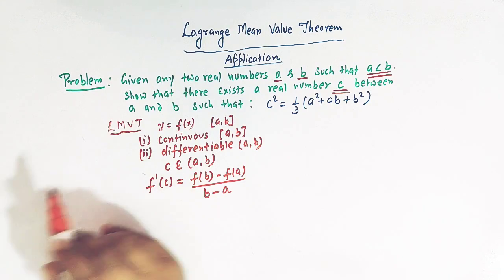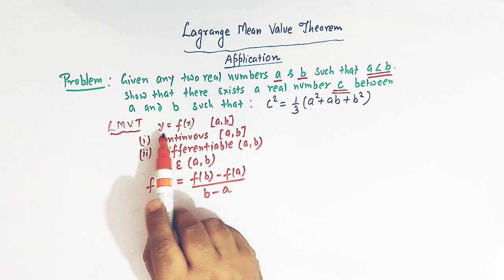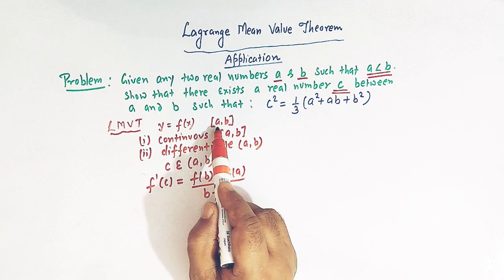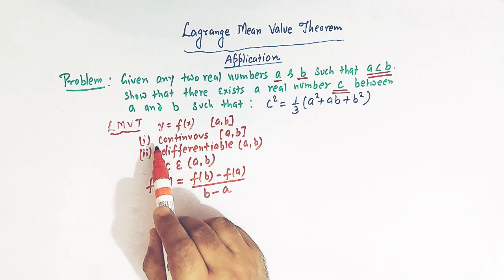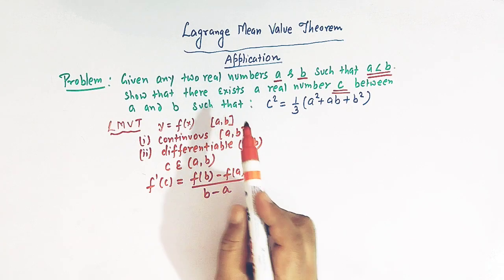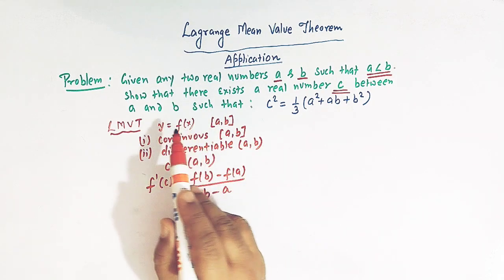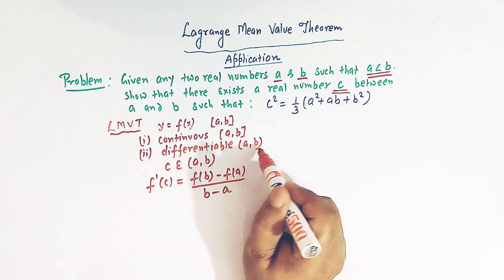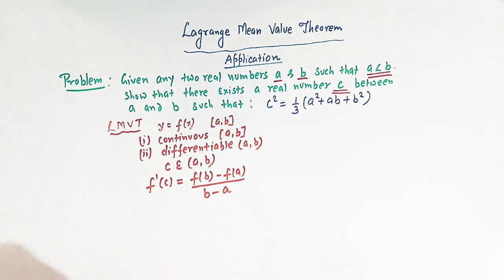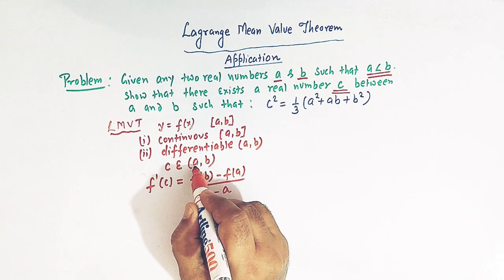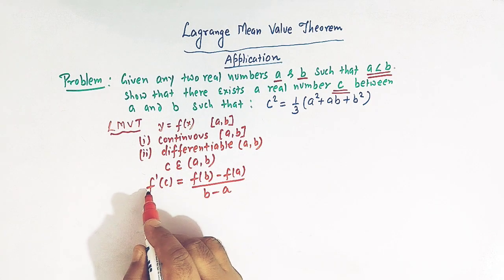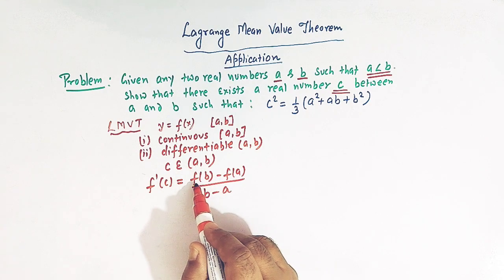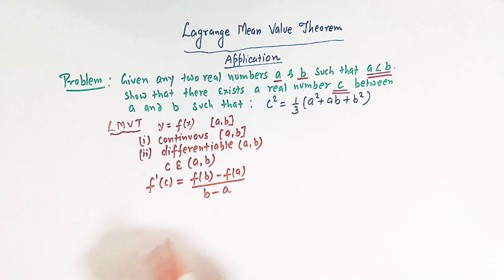So Lagrange's mean value theorem says that if we have a function y is equal to f of x defined on the interval a comma b, and this function is continuous in the closed interval a comma b and has a derivative at each point in the open interval a comma b, then there must exist a point c between a and b such that the derivative of this function at c is equal to f of b minus f of a divided by b minus a.